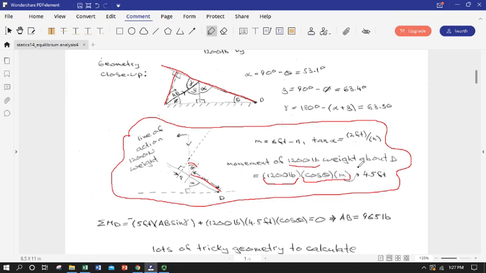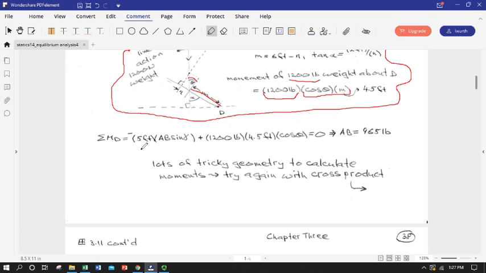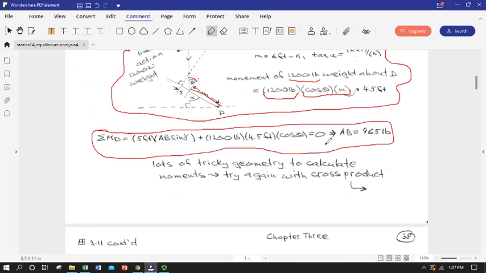Okay, so having gone through that and gotten that moment, it was basically simple to solve for AB. So here's our sum of the moments equation. It had to be 0 to keep it in static equilibrium, of course.